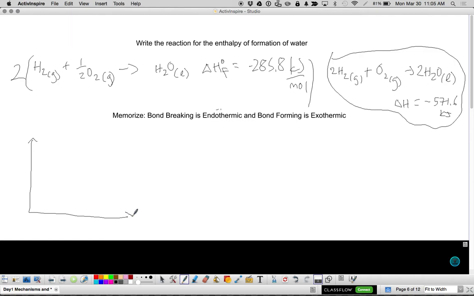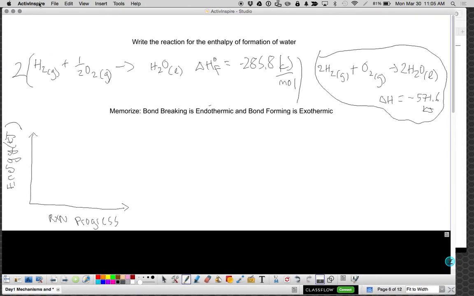Okay, so here's my axes. This is the reaction progress, and this is going to be energy in kilojoules.